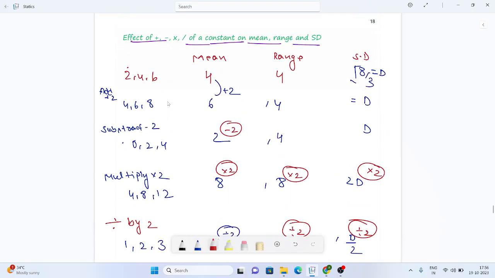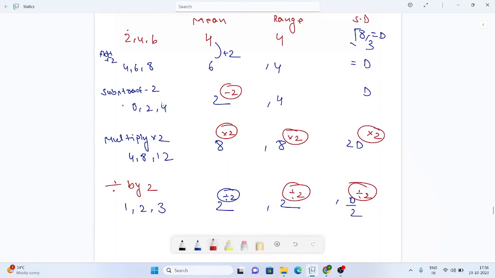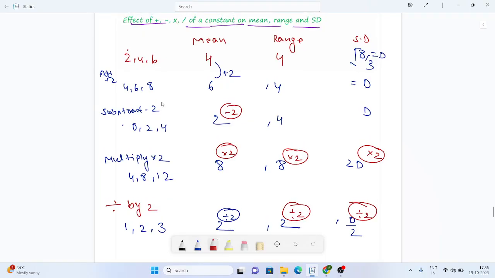So we see the effect of each operation on the mean, range and standard deviation. The mean changes with every operation. If you add any constant, then you have to add that constant to the mean. If you divide or multiply, then the range will also change. So please make a note of this.